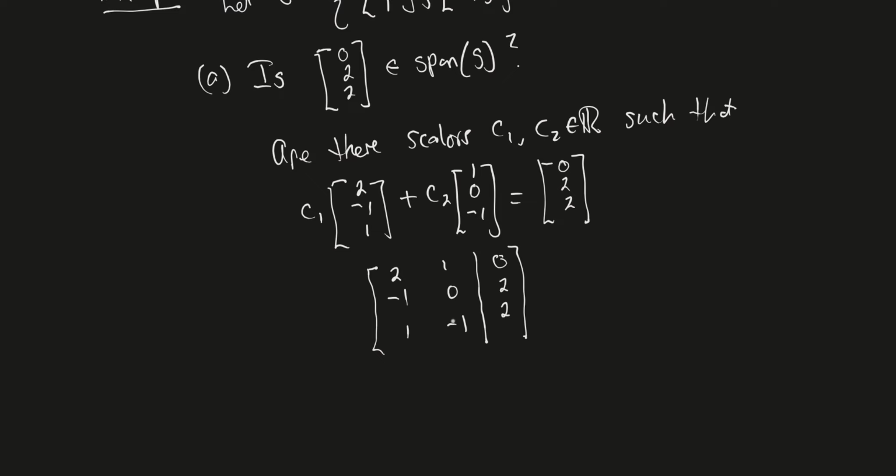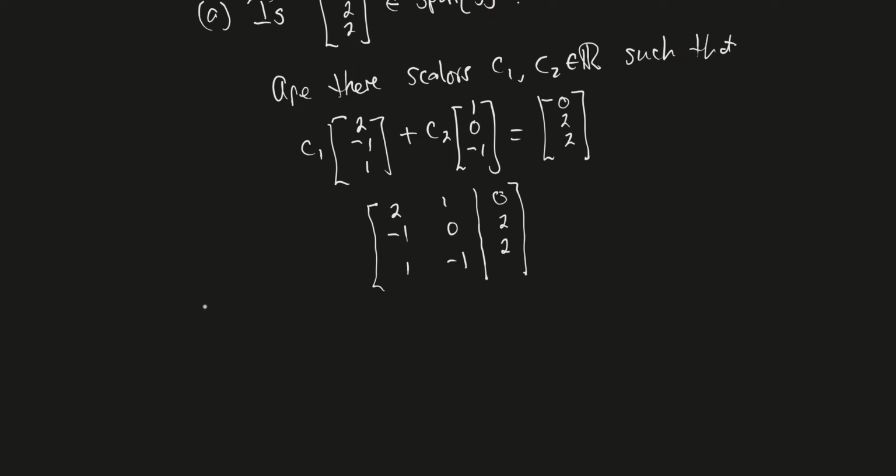But due to the even greater power of Gaussian elimination, we can handle systems with any number of equations and any number of variables. So let's put this in at least an echelon form and see if we get a solution. Because if we do, then it means our vector 0, 2, 2 is in the span of these two vectors. The system is relatively simple, but we have a 1 here.